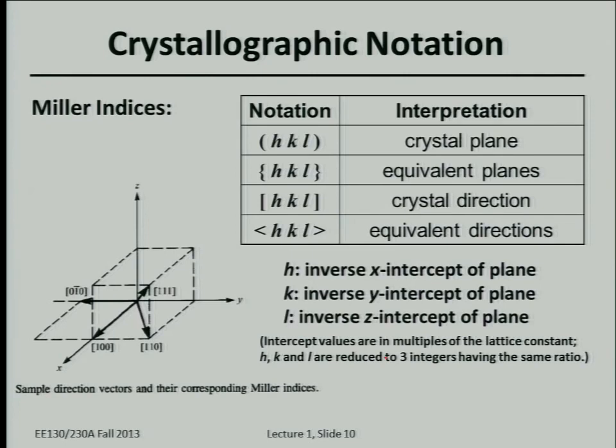Exactly. So because the atomic density is different in different directions, and the covalent bonds are oriented in different directions, the conduction of electrons is different. The mobility of electrons, how easily electrons move through the crystal, is different in different directions. And so it is important to keep track of which direction your transistors are forcing electrons to flow in the chip.